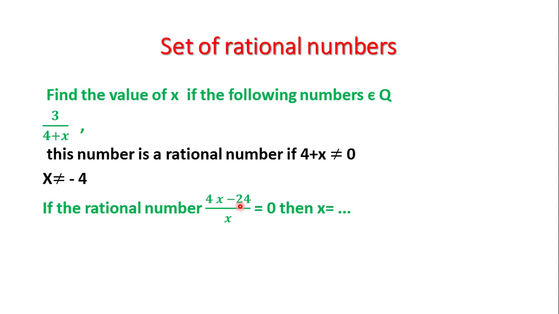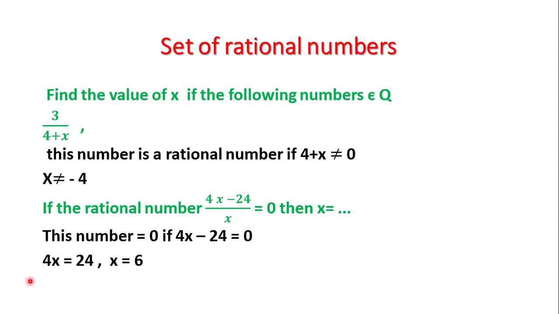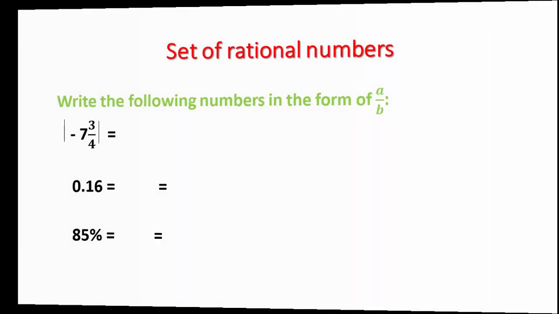Now we have another equation to solve. 4x minus 24 equals 0. Start by moving 24 to the right-hand side with a positive sign. So 4x equals 24. Now I divide both sides by 4 to get x equals 6. So the value of x is 6.